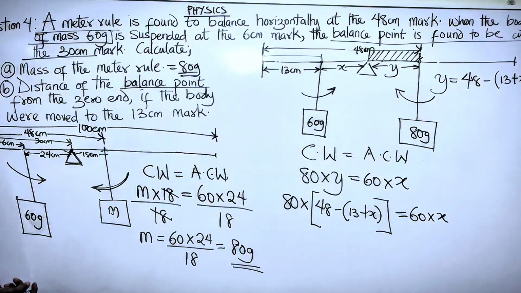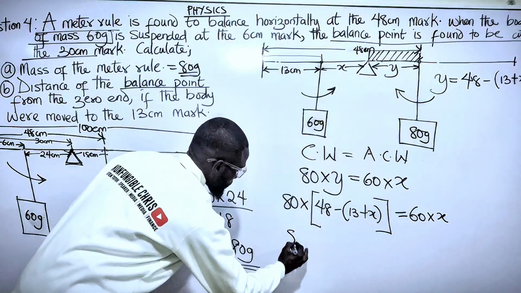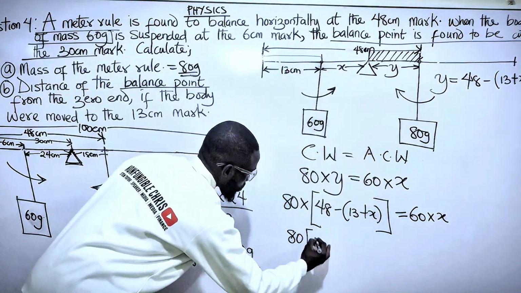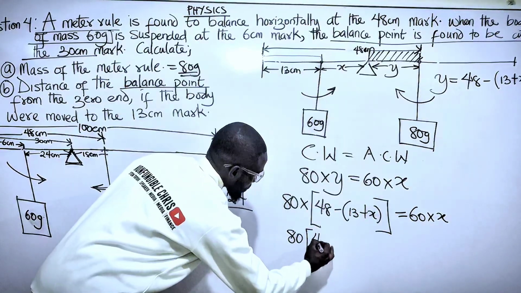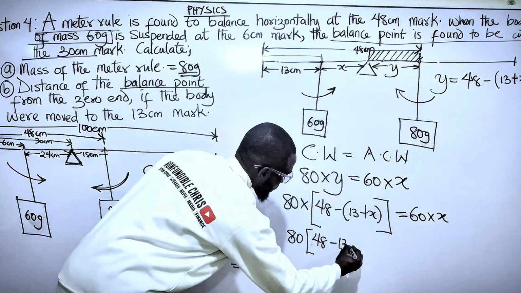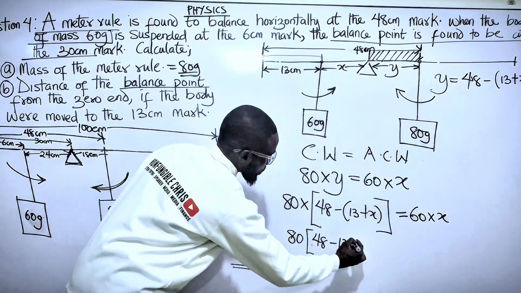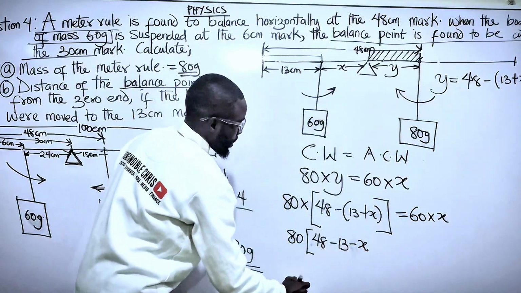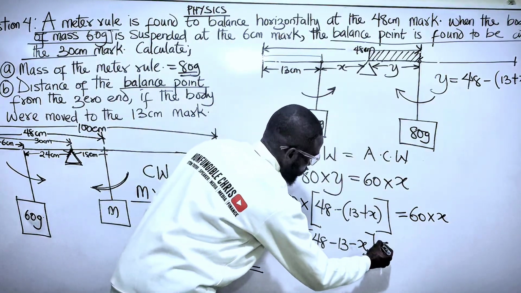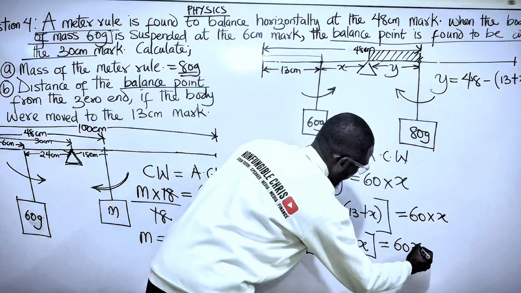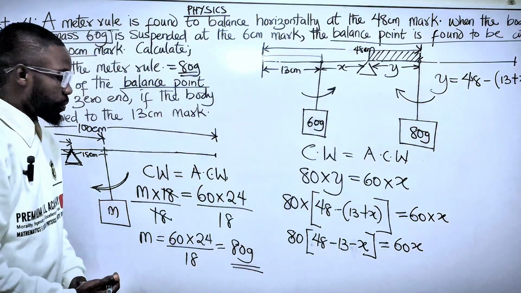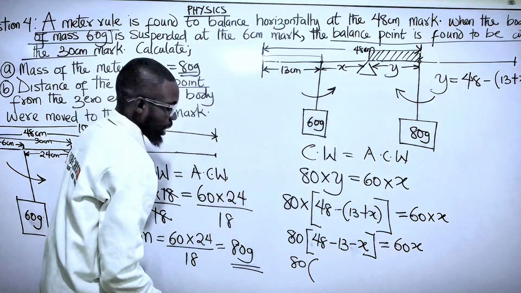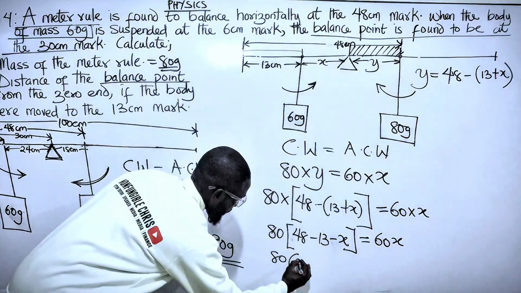So if we do that, we're going to have 80 times bracket 48 minus 13 minus x, because this minus will open this one, and minus times plus here will be minus, right? Equal to 60x. So if we do that, what do we have? 48 minus 13 gives us 35.